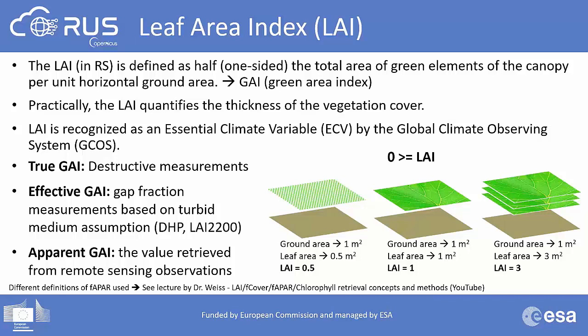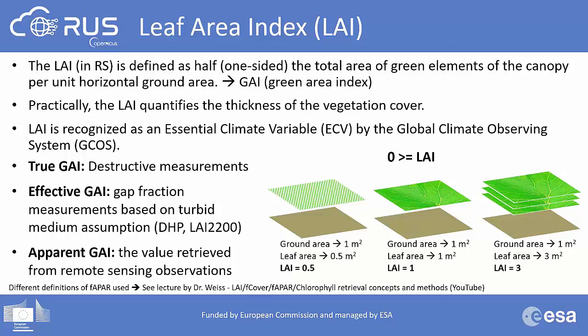When we use remote sensing, we estimate the so-called apparent green area index. So we consider all the green units in the canopy, not just the leaves. Generally, the green area index or leaf area index has been estimated from remotely sensed data by developing relationships between the ground measured leaf area index and the spectral response at visible and near-infrared wavelengths, often using vegetation indices such as NDVI, for example.